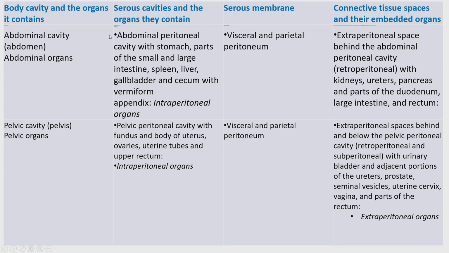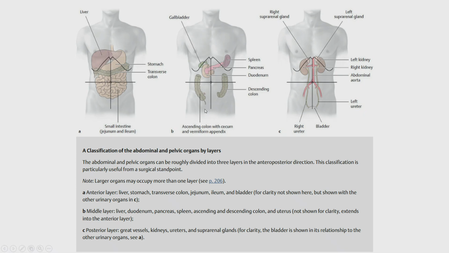The abdominal cavity, we classify with different classifications. One classification is according to the abdominal and pelvic organs. So remember this quadrant pattern that you have, and according to the position of the organs, we classify the organs by layer.